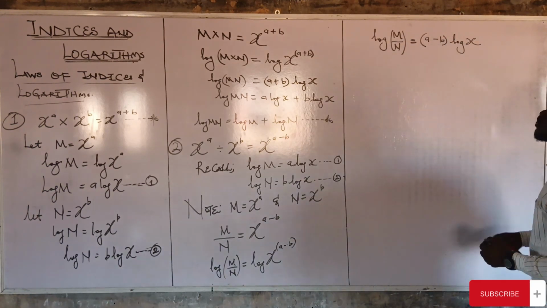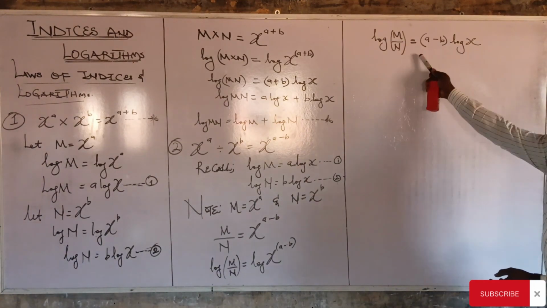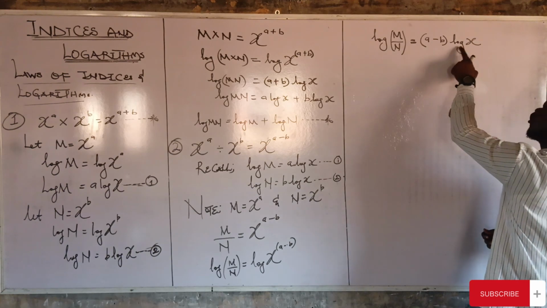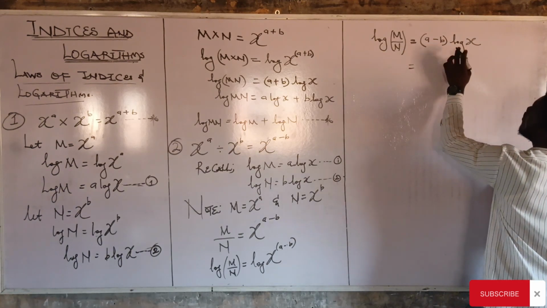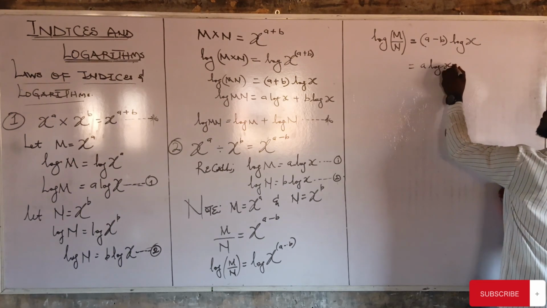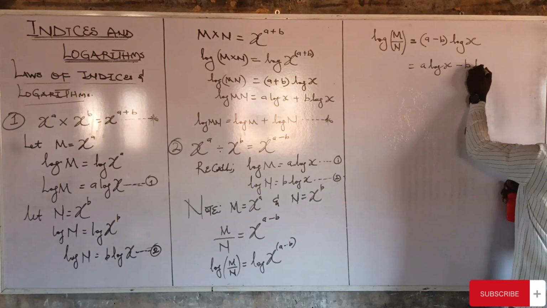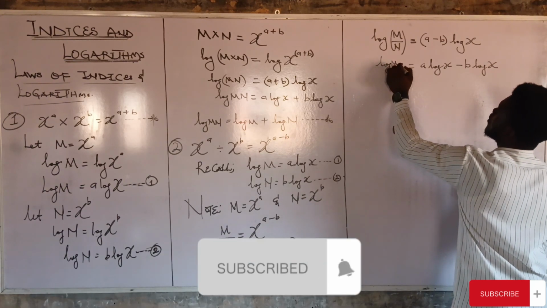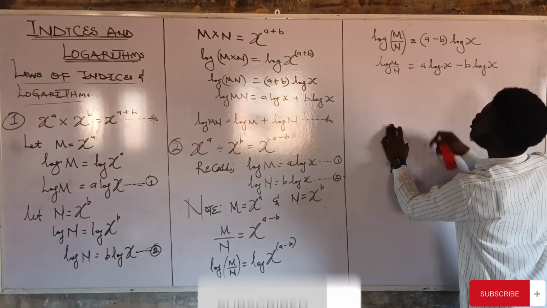Once you've done this, we expand the bracket, normal mathematics which we learned for factorization. So when log x enters into this bracket, it becomes a log x minus b log x. So here we have log of m over n. So what is log of m over n now?